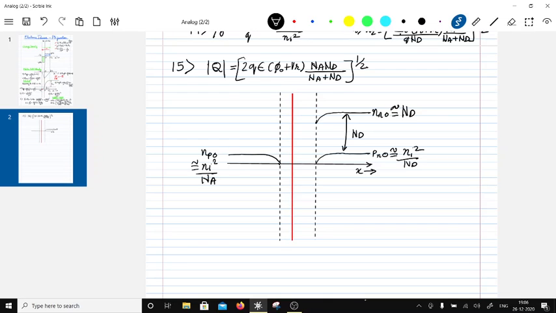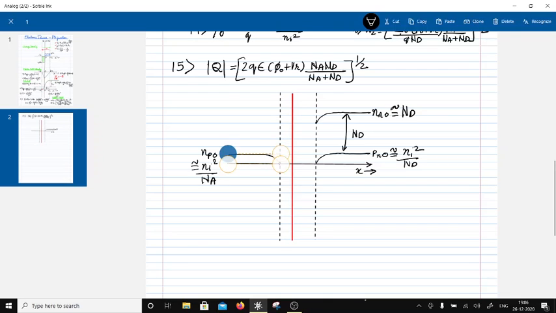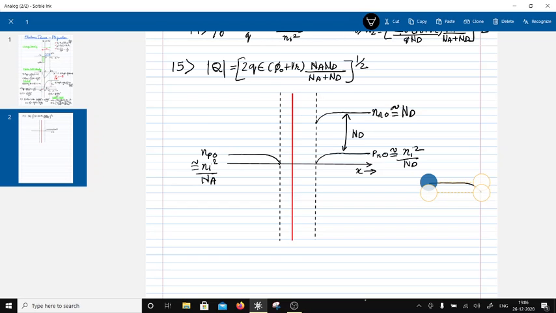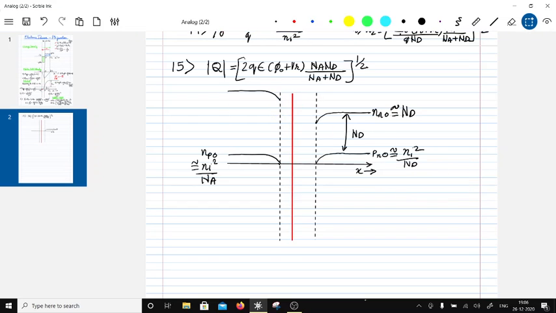So this is like this, and Na is much larger than Nd, so I'll go much higher than that. So this is going to be equal to Na, and Pp0 is approximately equal to Na.